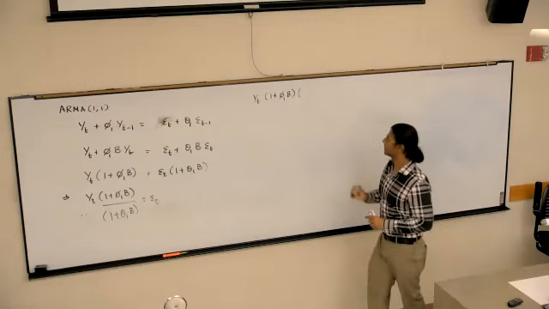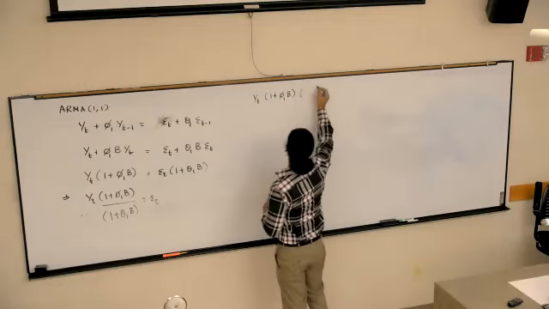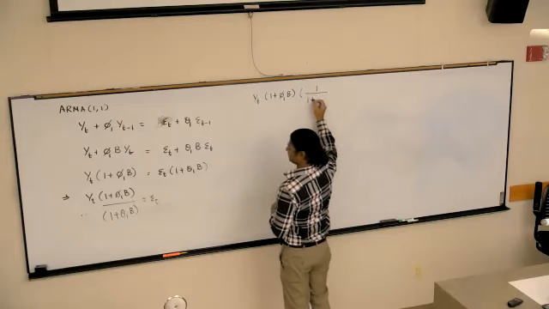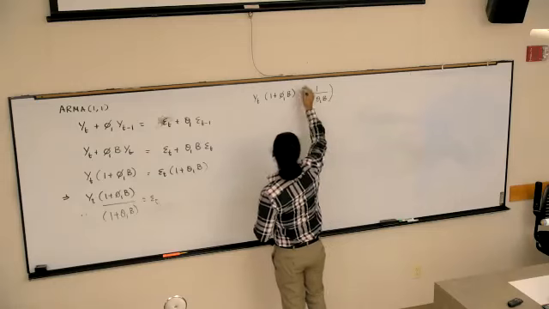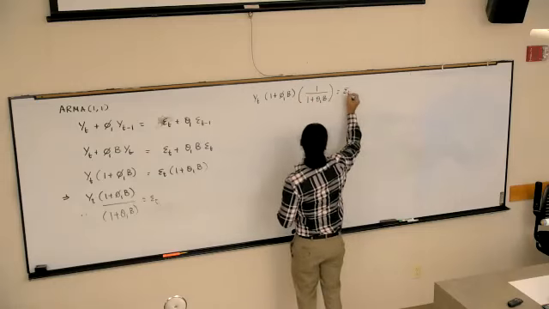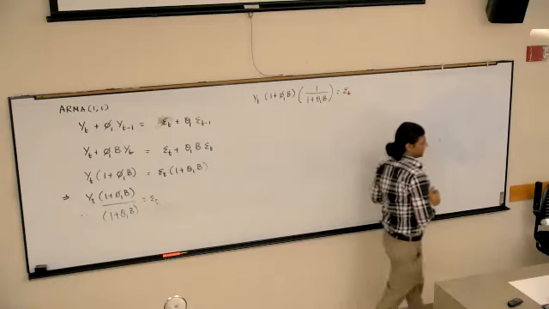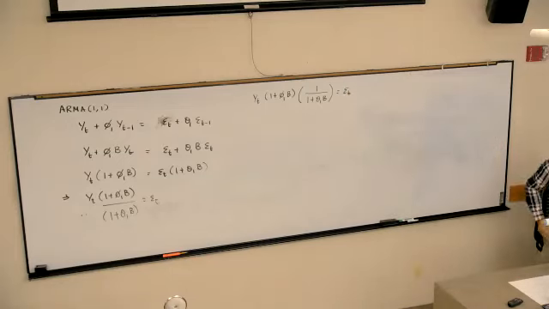And I would like to somehow write 1 over 1 plus theta 1 B as an infinite series.